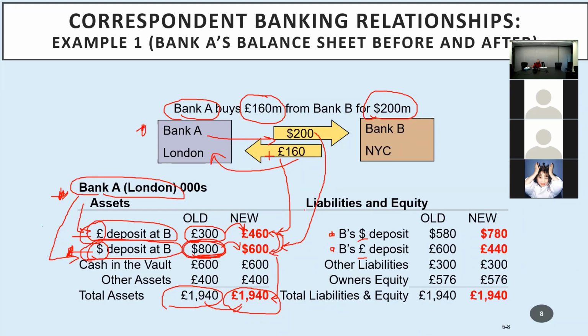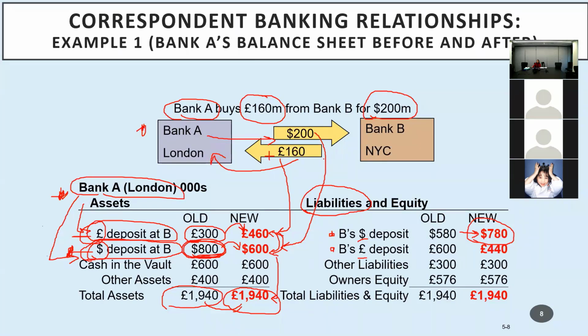Similarly for the liabilities side, through this transaction, because Bank A agrees to pay Bank B 200 million US dollars, because they are paying, their liabilities increase by 200 million US dollars.